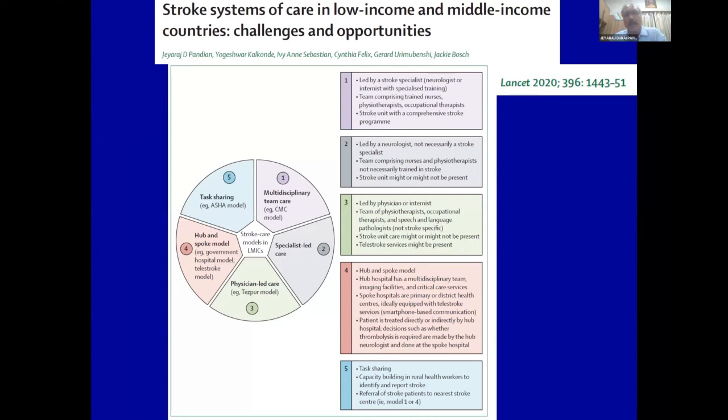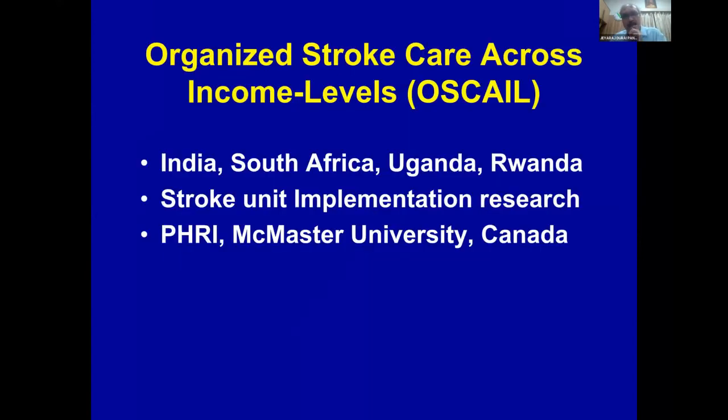Globally, there is a program called Organized Stroke Care across all income levels, in Africa and in some centers in India. We have completed this project. There will be a special issue from the International Journal of Stroke where all the countries' data will be published. Two centers from India were selected.